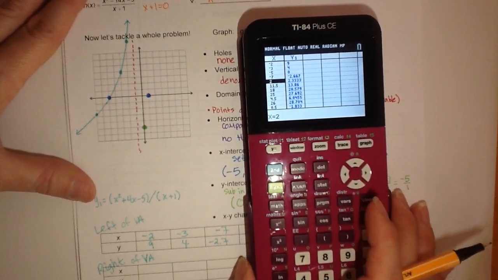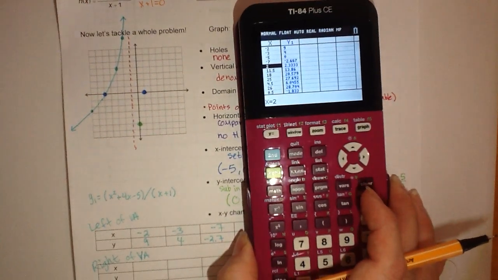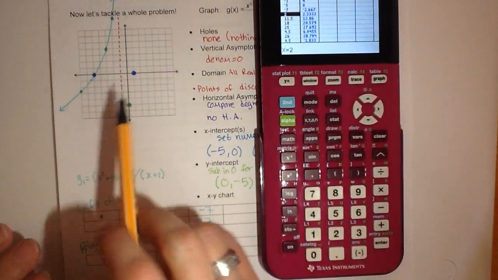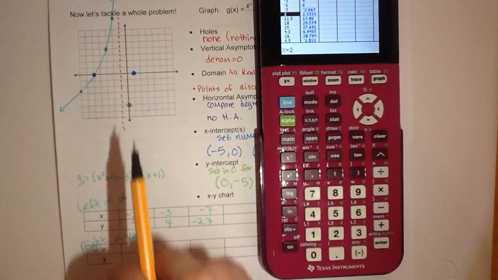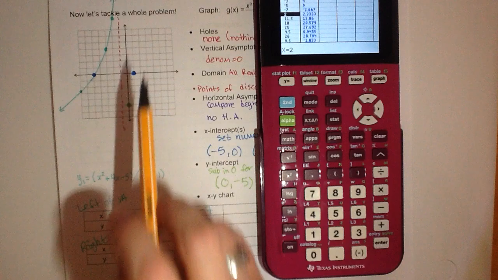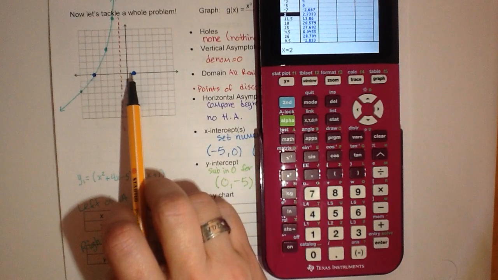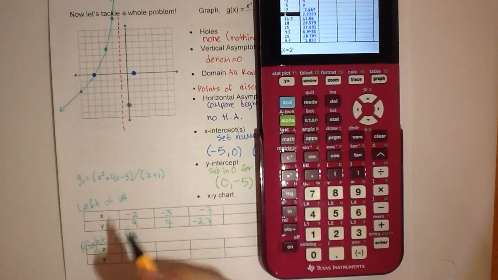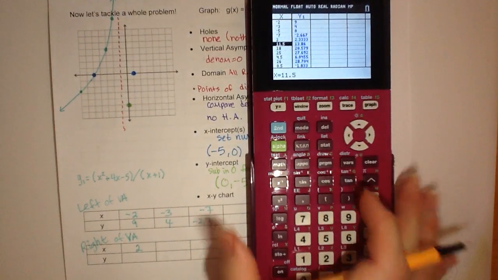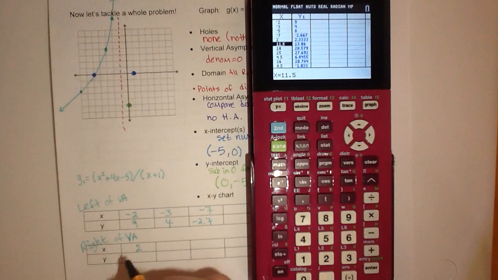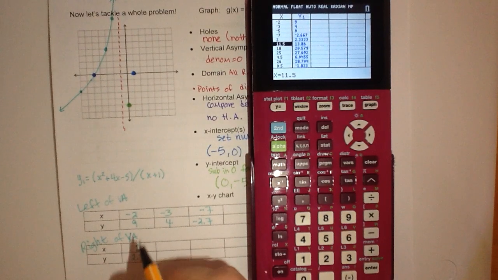Then we want to do a similar process on the right side of that vertical asymptote. So we already know at 0 our function is down here at -5. We already know at 1 it's up here at 0. So maybe let's choose 2. At x equals 2 we get 2.3.